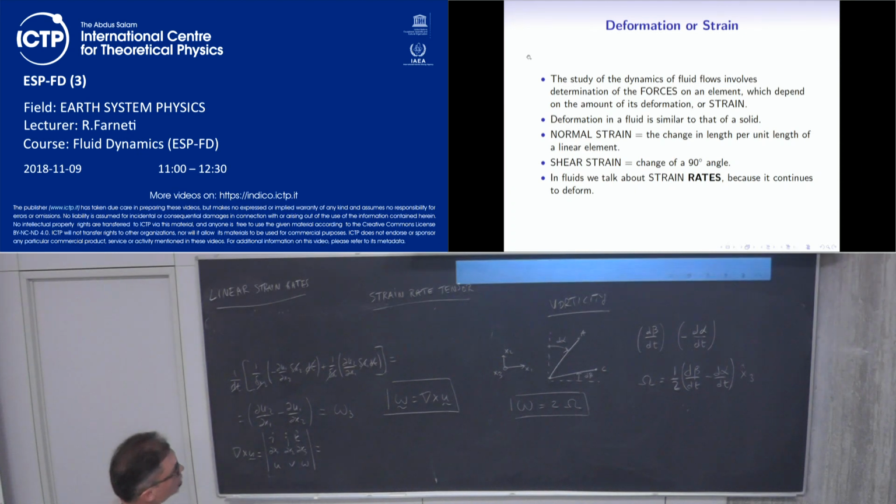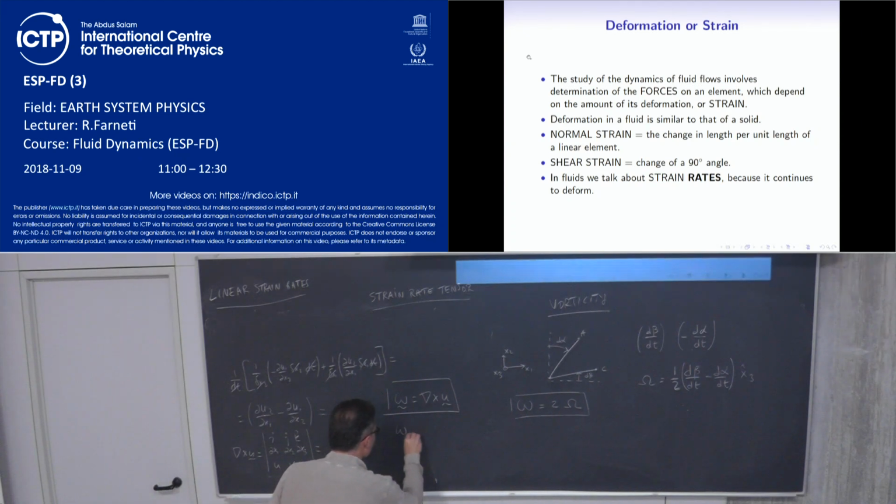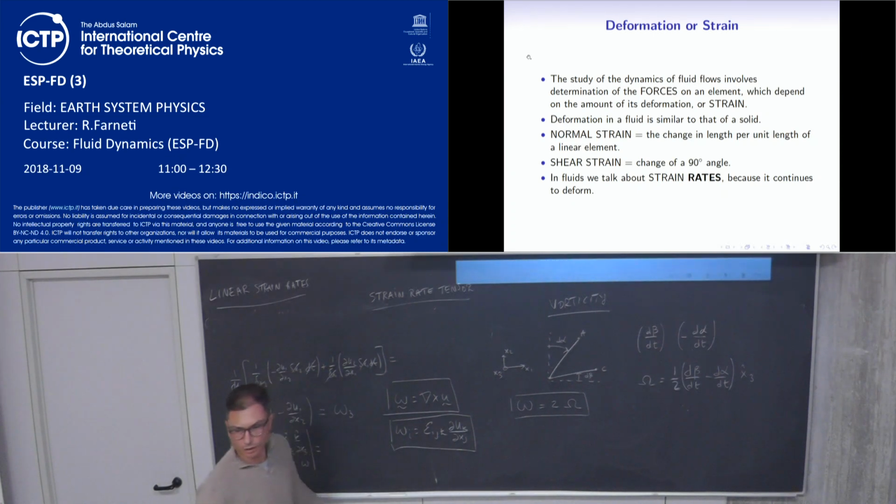Okay, so the vorticity is the curl of the velocity vector. And you can write this in tensor notation using the alternating tensor.